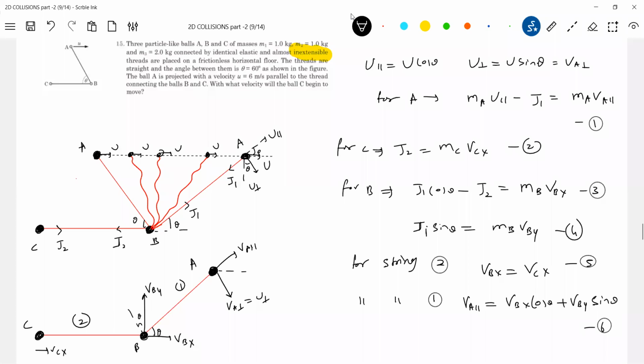Now, whenever one string or two strings are there, the string is inextensible, so the velocity of the ends along the string must be equal. Why equations 5 and 6? What is the basic idea for 5 and 6?